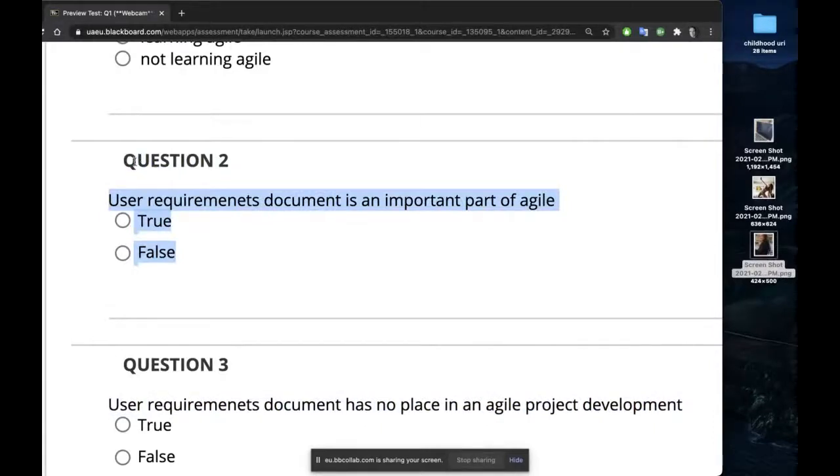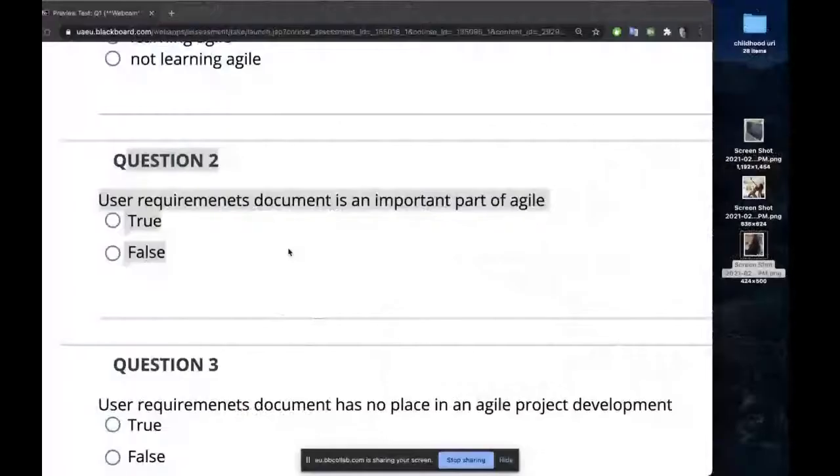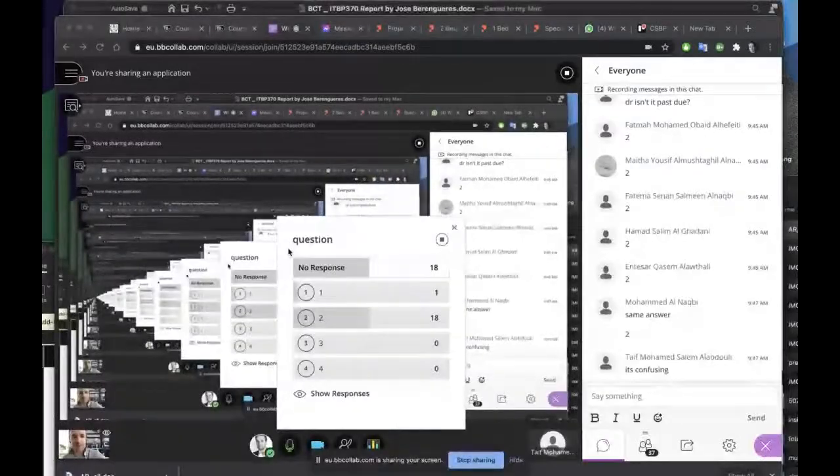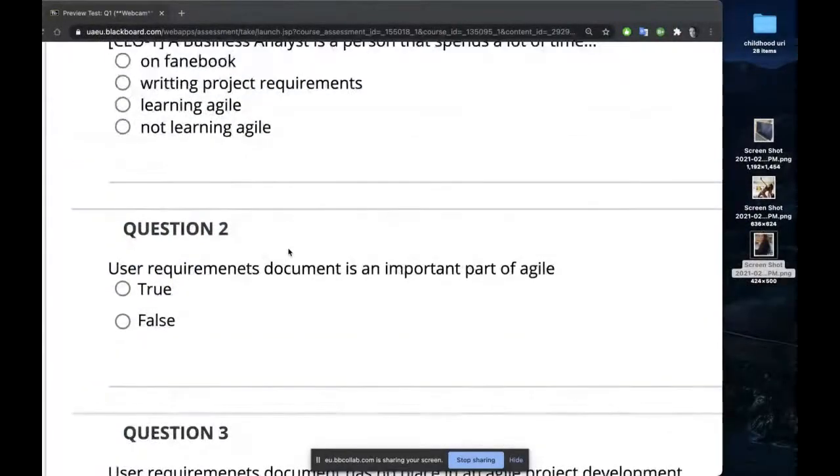Question number 2. It's confusing. I agree, Taib. So what is your opinion? I remind you, if I say something and you don't agree, you should say something. Like maybe remove the word important, because it's not a very, very important part of Agile. Yes, we need to consider it, but it's not that important, right?